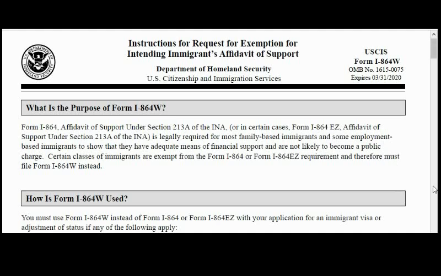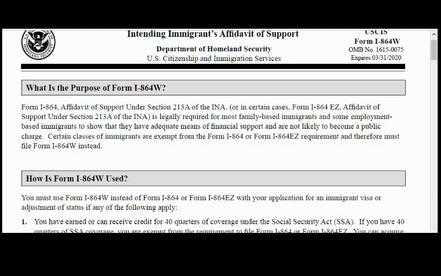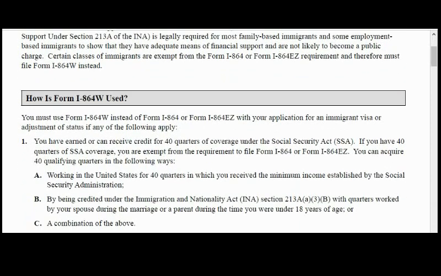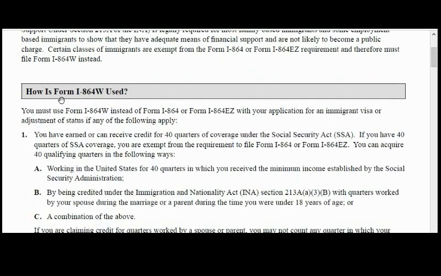So how is it used? When you come over here, it says how is form I-864W used. So who are the people who are exempt from I-864, which is the normal affidavit of support form?